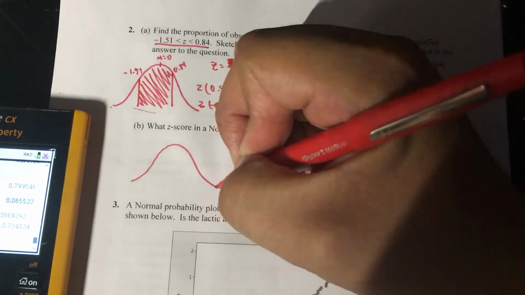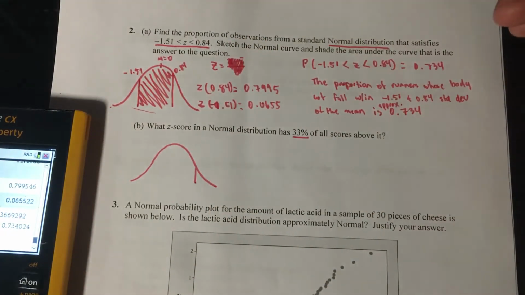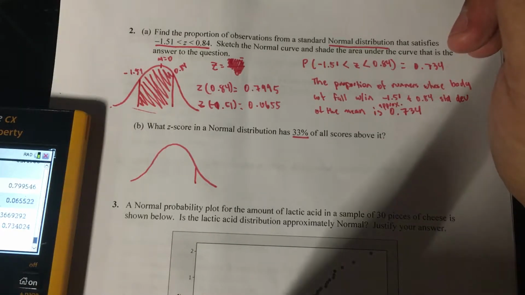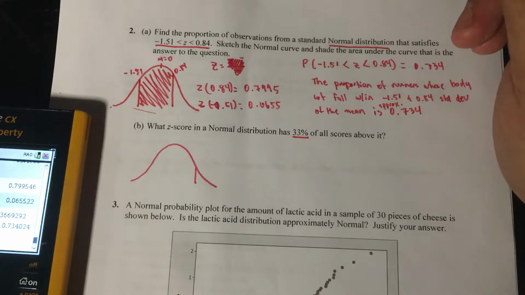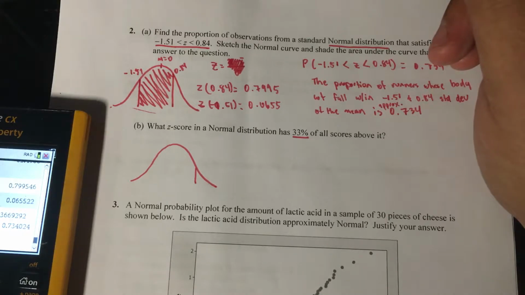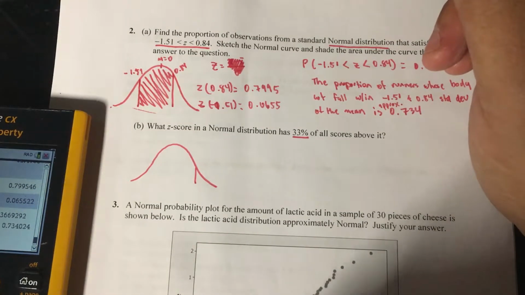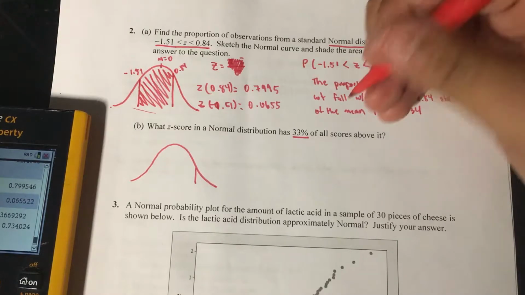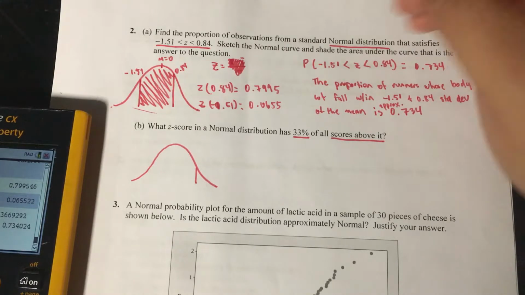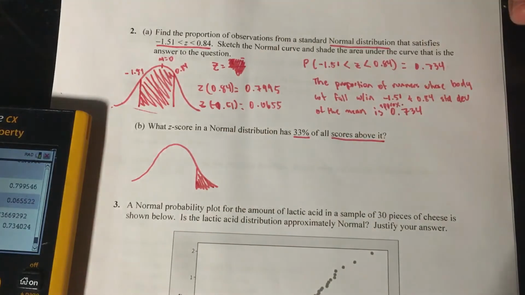Again, we're going to start by drawing this thing out. 33% of all scores above it, so I want to shade right here.